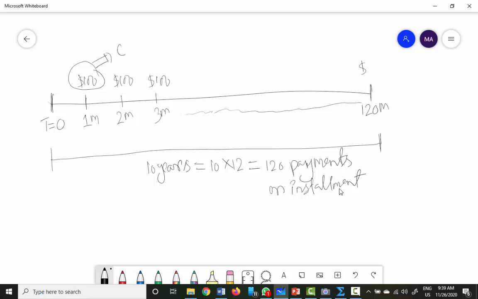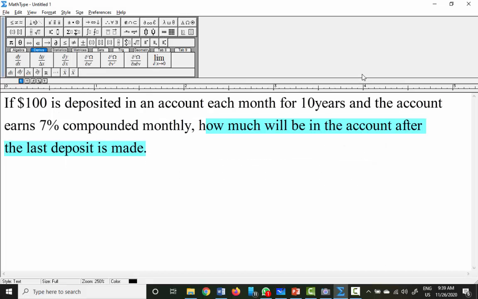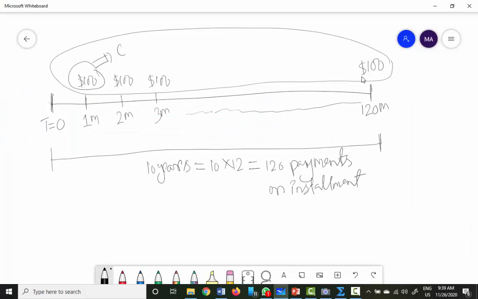So you will make equal payments of $100 each at the end of each month up to 10 years, total 120 payments. So the question is asking how much will be in the account after the last deposit is made. This is the last deposit. Now the question is asking what will be in the account at this period.